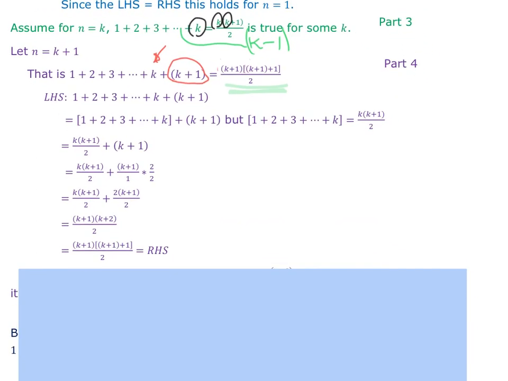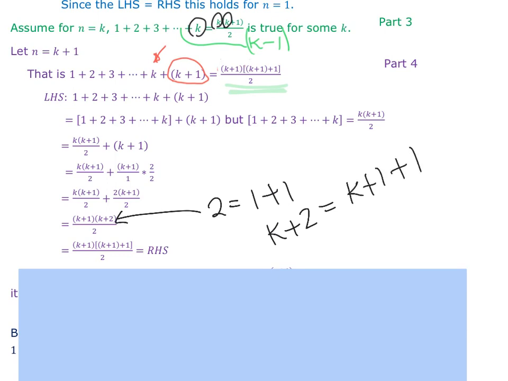Here what I did was I said that 2 is the same thing as 1 plus 1. That means k plus 2 is the same thing as k plus 1 plus 1. And that gives me right here the part that I need up here. Okay?